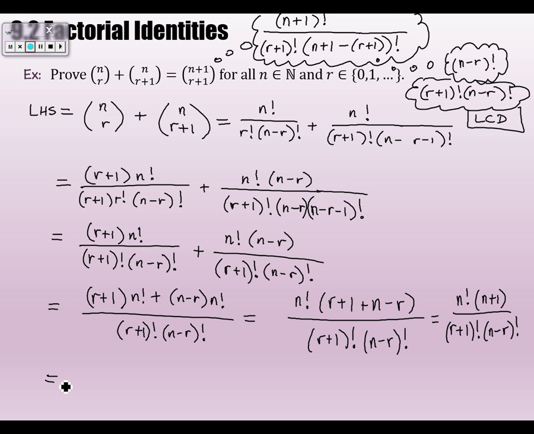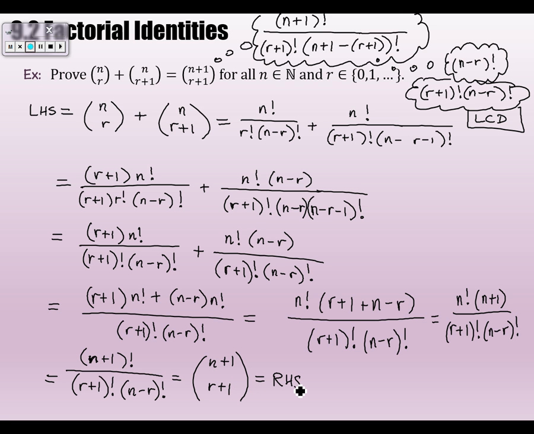But if you wrote it as n plus 1 times n factorial, it'd be obvious that that is, in fact, n plus 1 factorial on top over r plus 1 factorial times n minus r factorial, which is what we want. N plus 1 choose r plus 1. Okay, so that's about as complicated as these get.